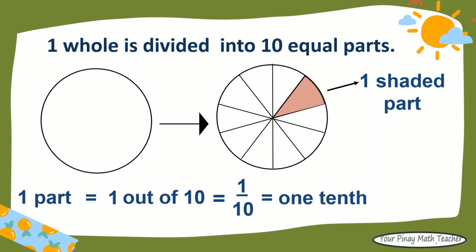And since this is less than one whole, then the whole number is 0. And since there's only one part, then it is 0.1. This is the decimal form of 1/10.